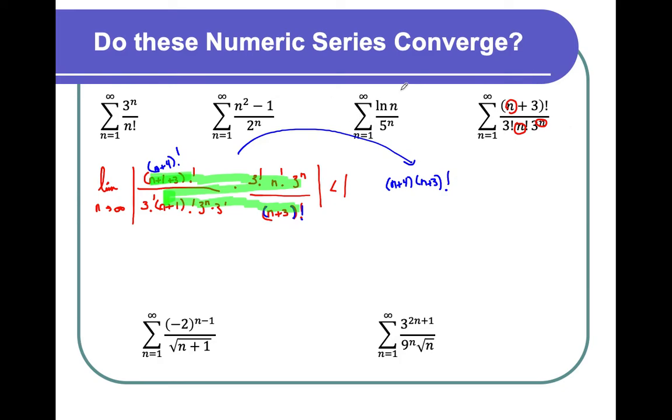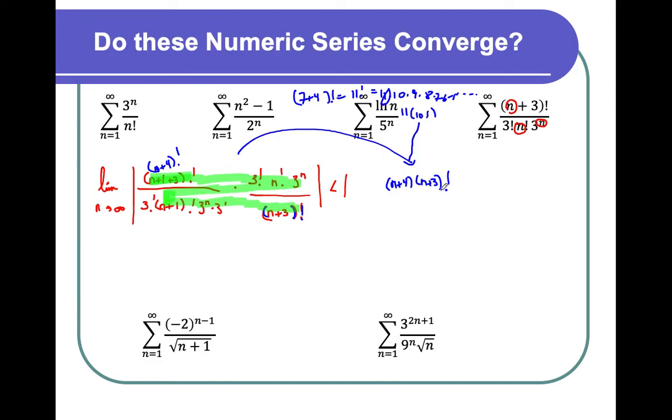What if n was 7? 7 plus 4 factorial is 11 factorial, which is 11 times 10 times 9 times 8 times 7 times 6 times 5 times 4, and so on. But isn't that the same as 11 times 10 factorial? That's all I've done right here.